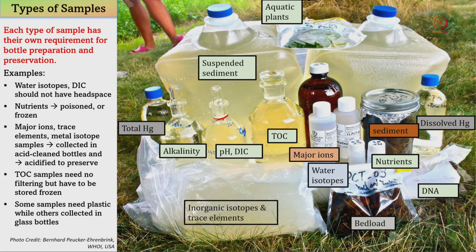Okay. For nutrients, the sample may have to be poisoned or it may have to be stored frozen, so that there is no microbial growth that will consume the nutrients. Okay. This is due to the changes that can happen during our sampling and shipment.